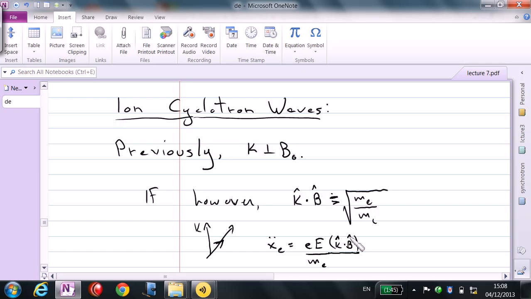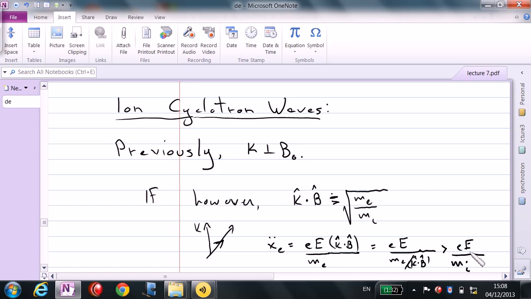So that's equivalent to saying that if this criterion holds, then once again this will be greater than the ion acceleration.